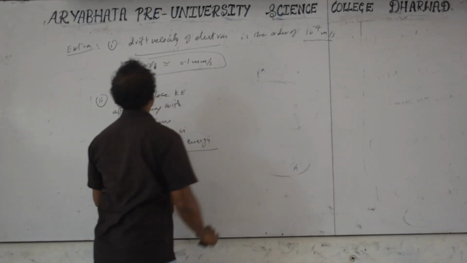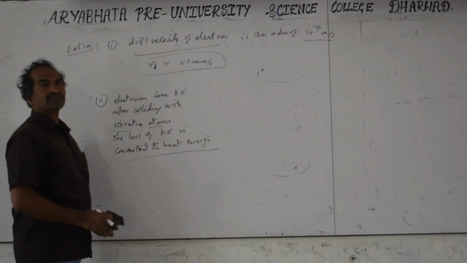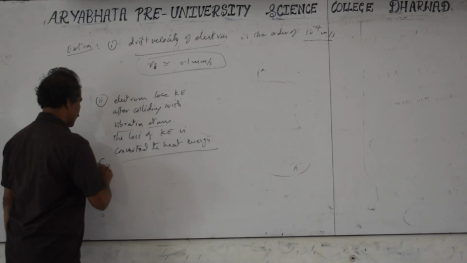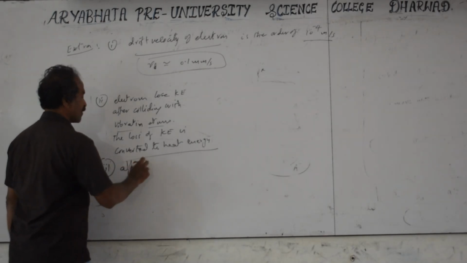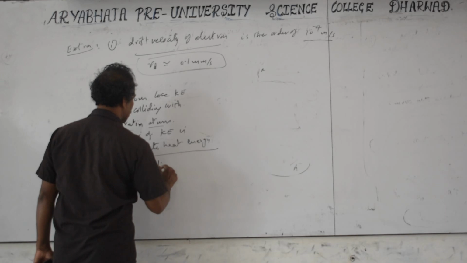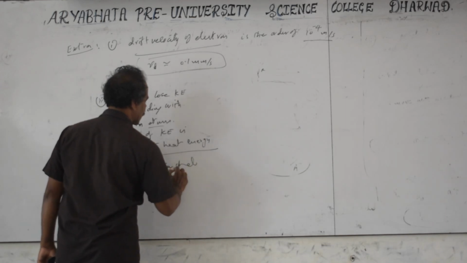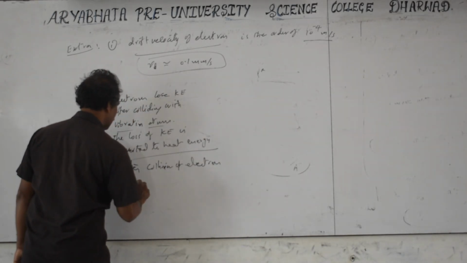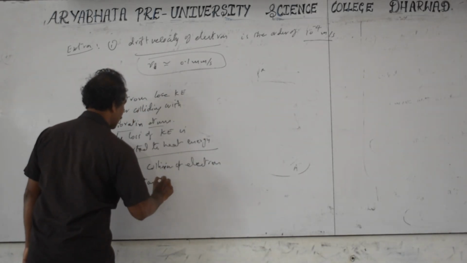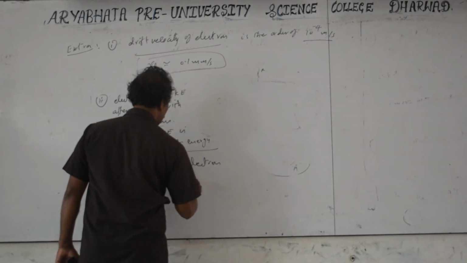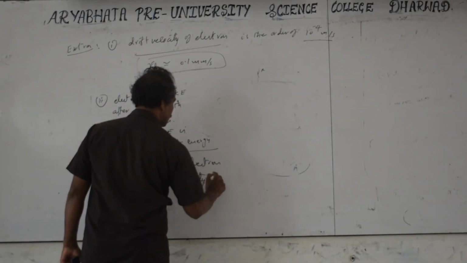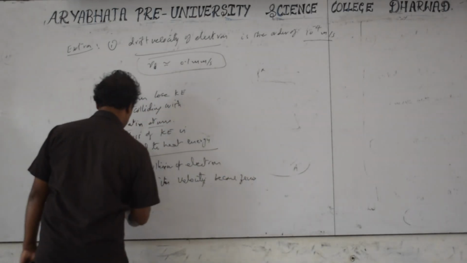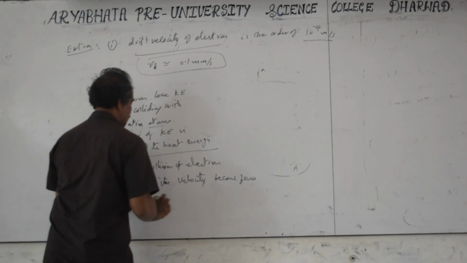And one more thing is that after every collision the velocity becomes equal to 0, meaning the kinetic energy completely becomes 0. Collision of an electron with an atom, its velocity becomes 0.